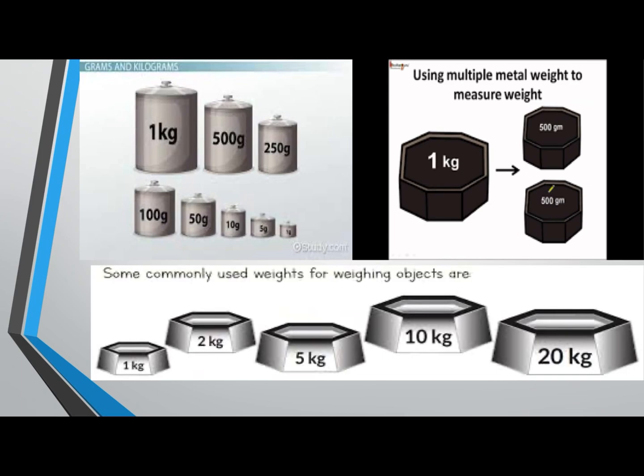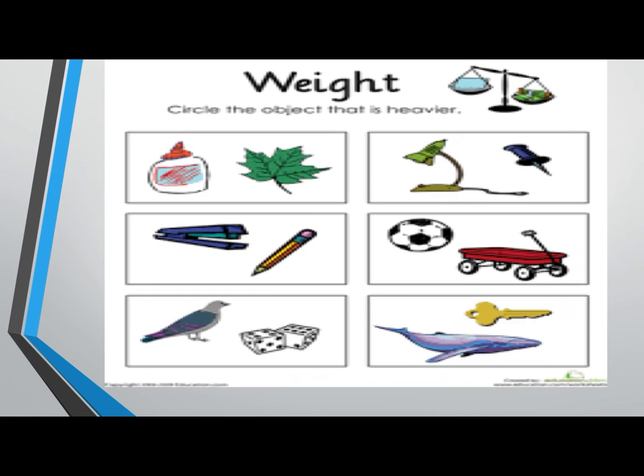And 1 kg can be divided, it can be used as 500 gram plus 500 gram. Some commonly used weights for weighing objects are 1 kg, 2 kg, 5 kg, 10 kg, 20 kg. These are the weights used in shops or in markets to weigh objects.